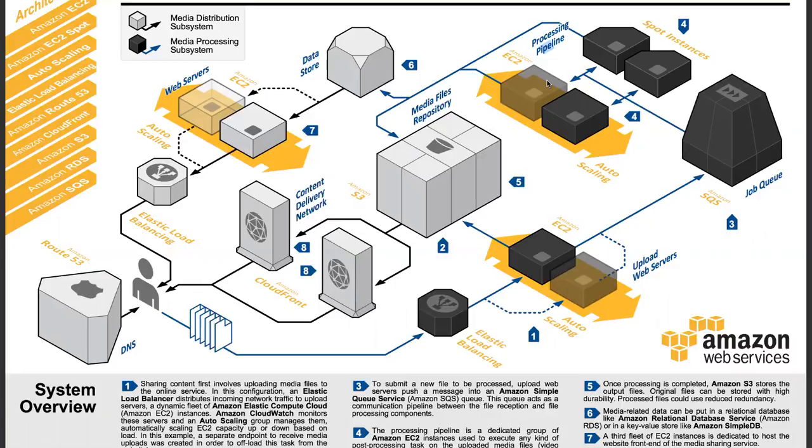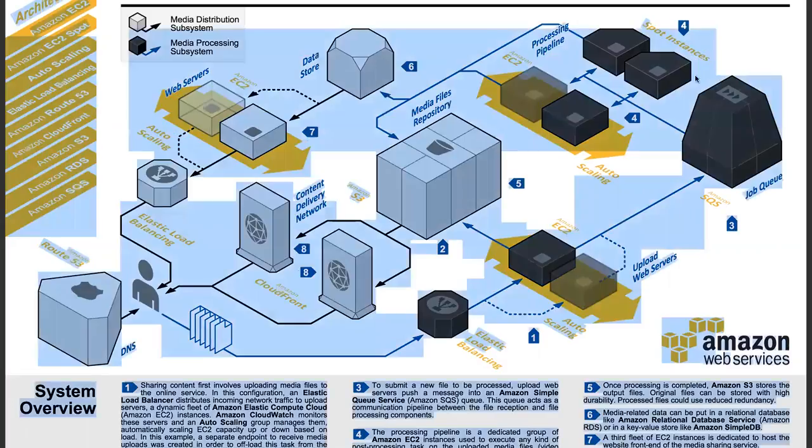But there is one key thing that I would like to bring to your attention, which we never discussed before. And that is that the nature of this processing pipeline is that it can use a different type of instance in the Amazon cloud. That instance type is called spot instances.